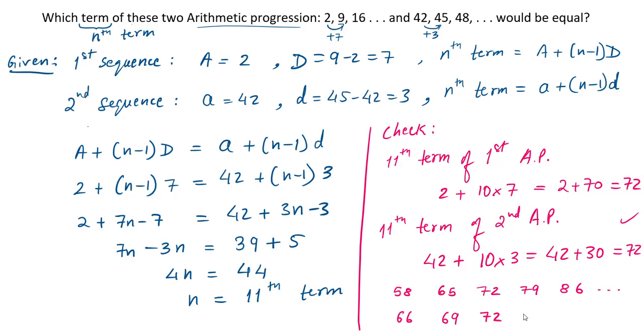And this side as well, plus 3. The second sequence has a difference of 3. So 72 plus 3, 75, and 78, right? So you can clearly see this was behind, and this is the point where they both got the same value. And then on this side again, this became so big that it's not possible for this one to cover it up.